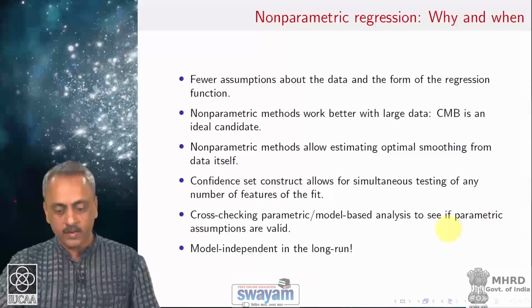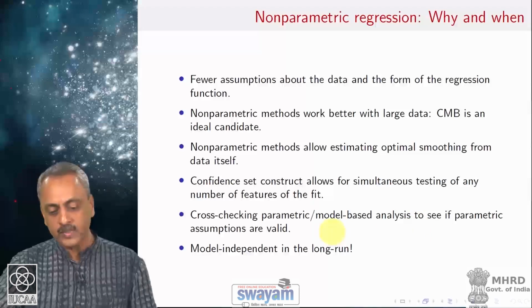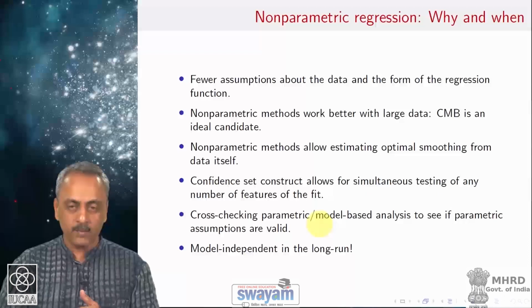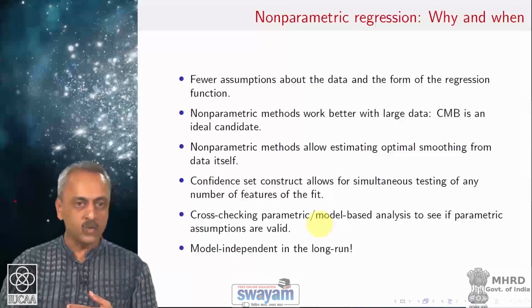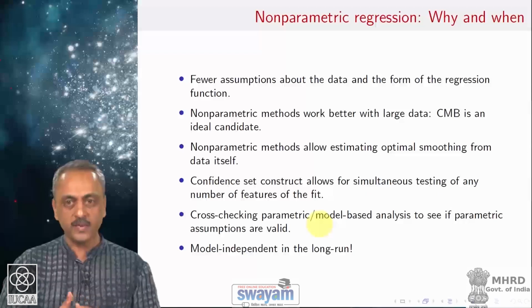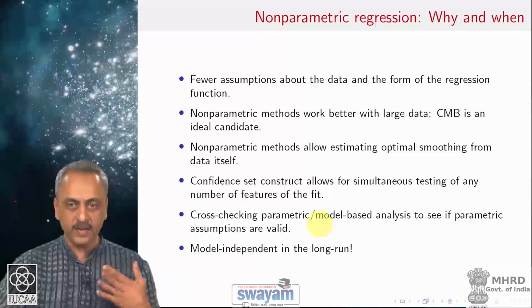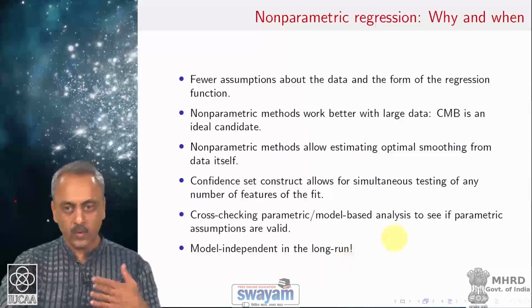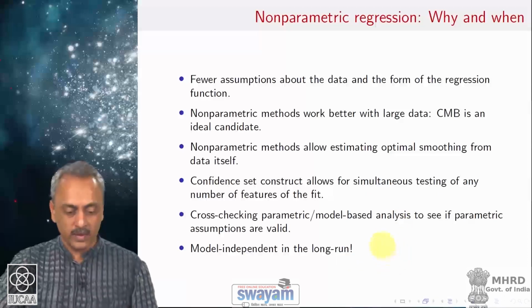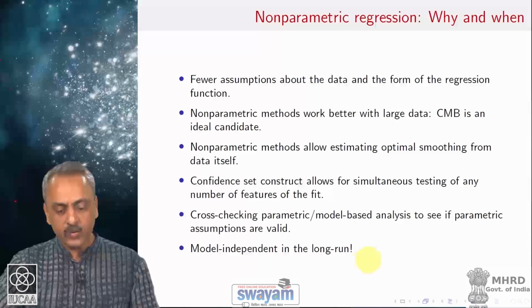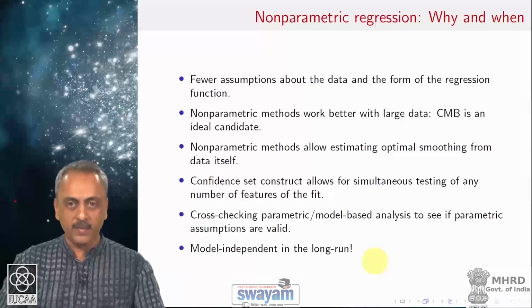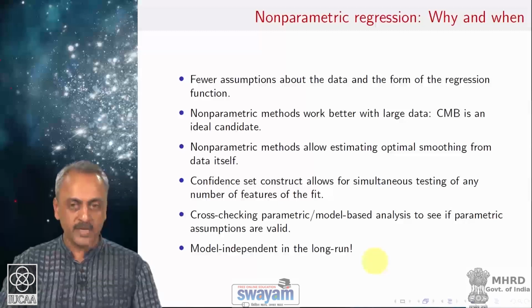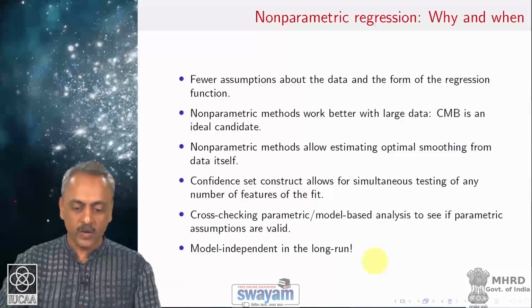One of the things that this confidence set allows you to do is to take a parametric fit coming from a cosmological model, for example, and see how close it is to the non-parametric fit, and if it is too far, then there is a good chance that this particular fit is not a viable candidate for the unknown truth. That's how a statistician would look at it. The particular method we use is model independent in the long run. It makes almost no assumptions about the particular model for the data.